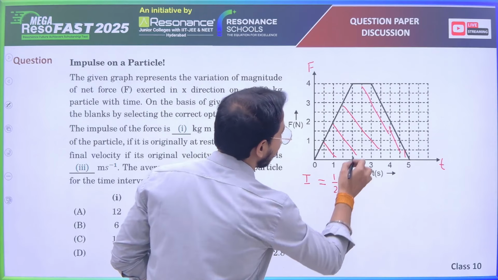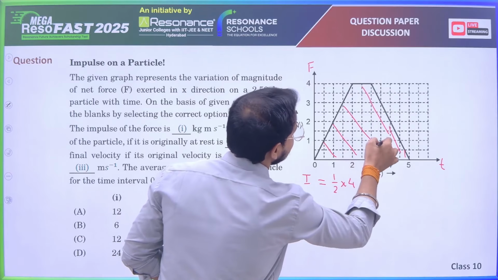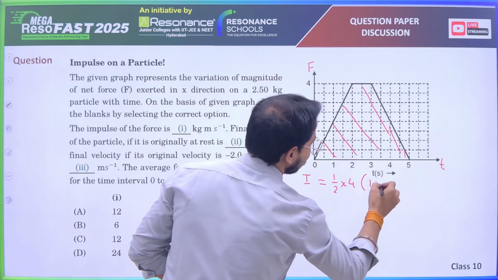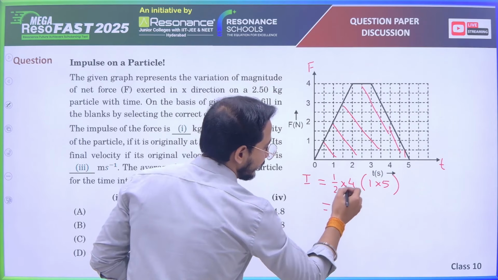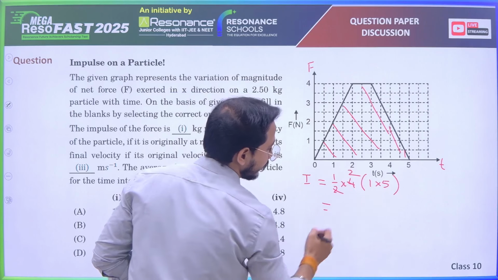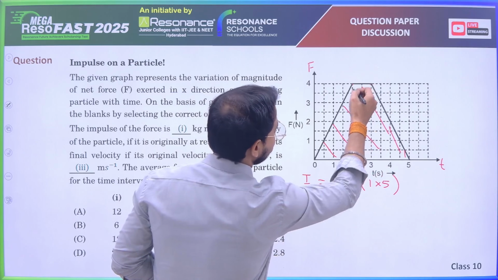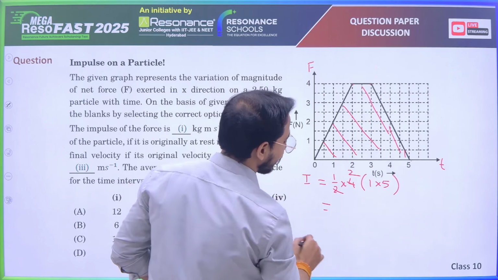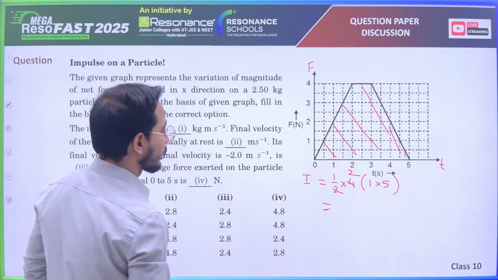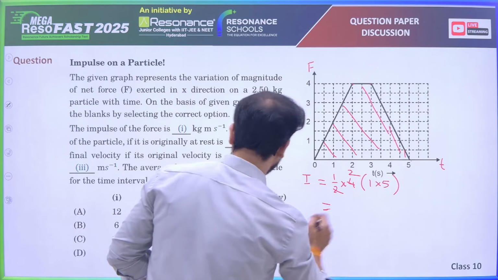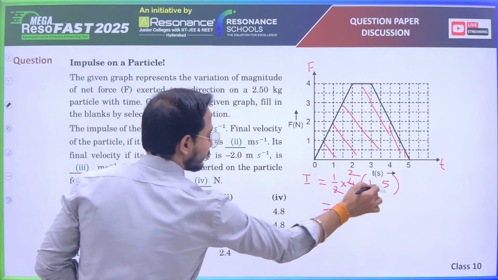So 1 by 2, height is 4, base 1 is 3 minus 2, that is 1, and base 2 is 5, right? So impulse over here, sorry, here it will be plus.